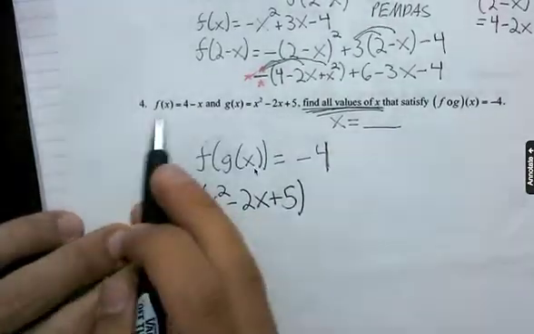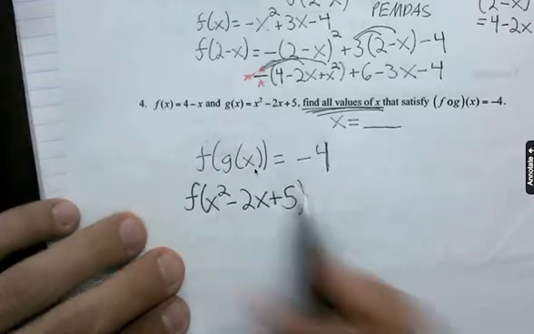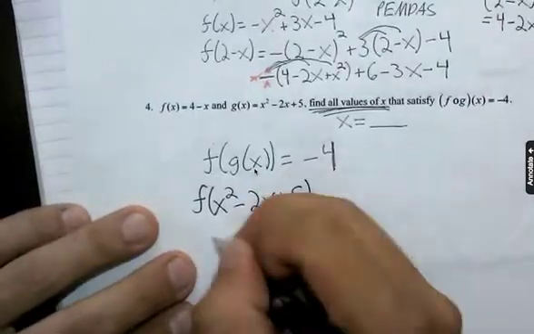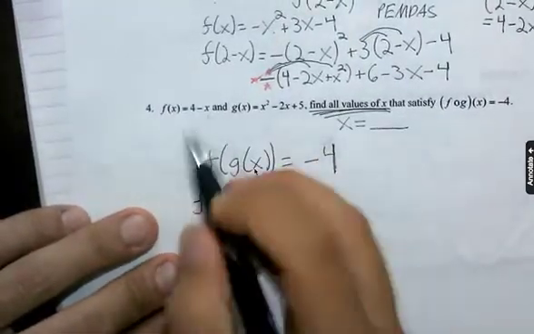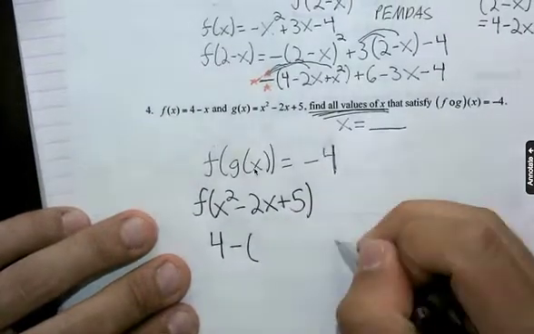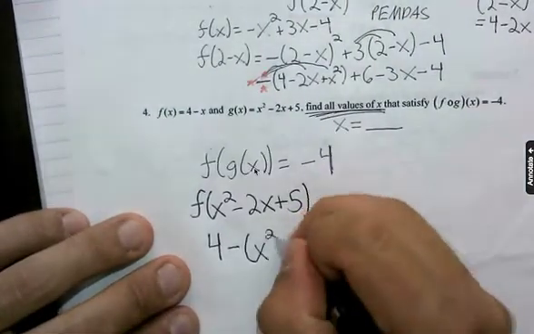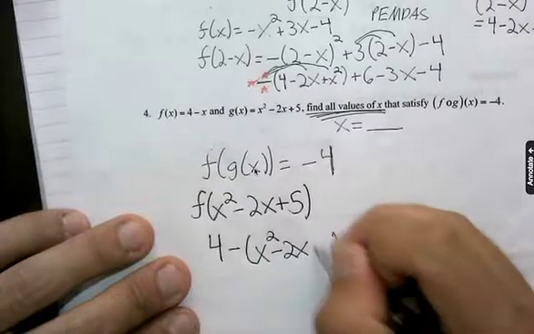You know that f of x is normally 4 minus x. So you can now rewrite this as just 4, and instead of x, we want to subtract this trinomial here, x squared minus 2x plus 5.